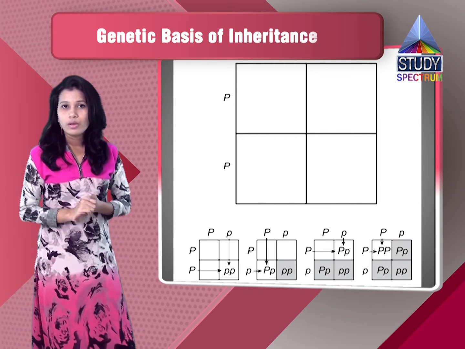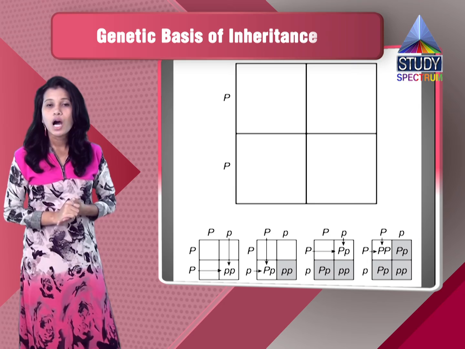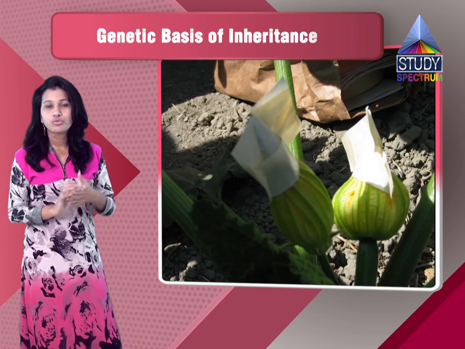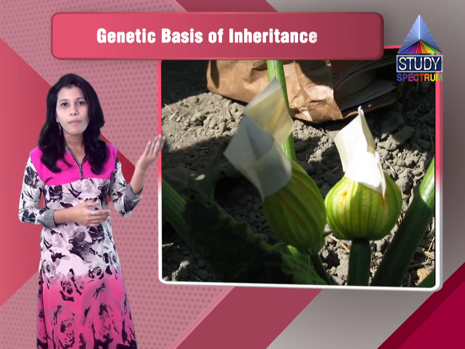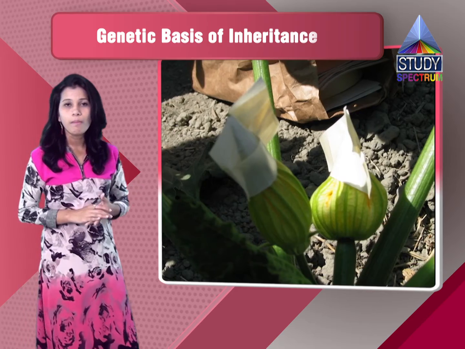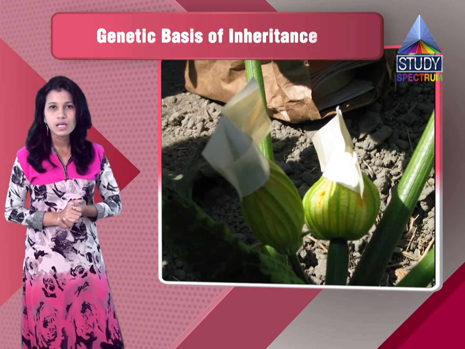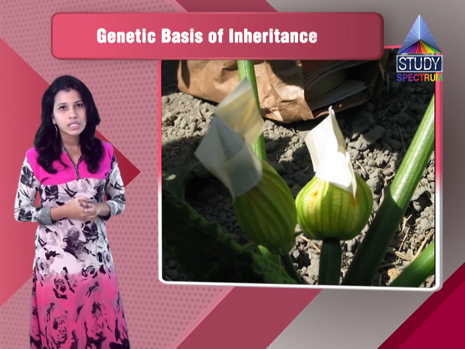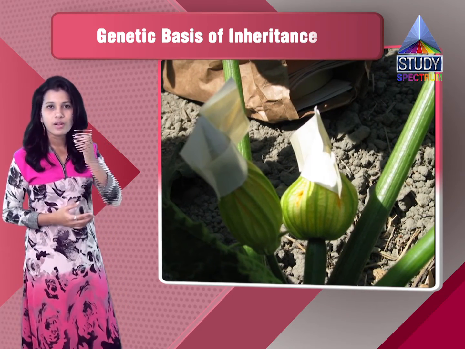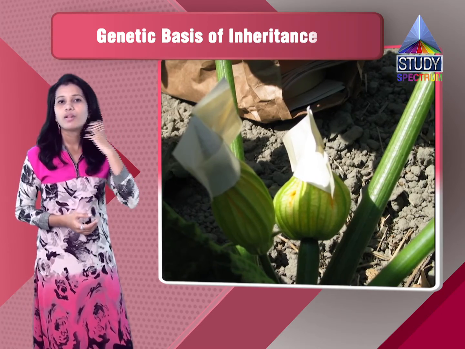In F2 generation, since we are doing self-pollination, we need to show that the same genes are there on the top as well as on the lower side. That will be capital T small t on the top and capital T small t on the side. Male and female both will be having the same gametes. Since the self-pollination is done, we will consider the same flower as the male as well as the female flower.